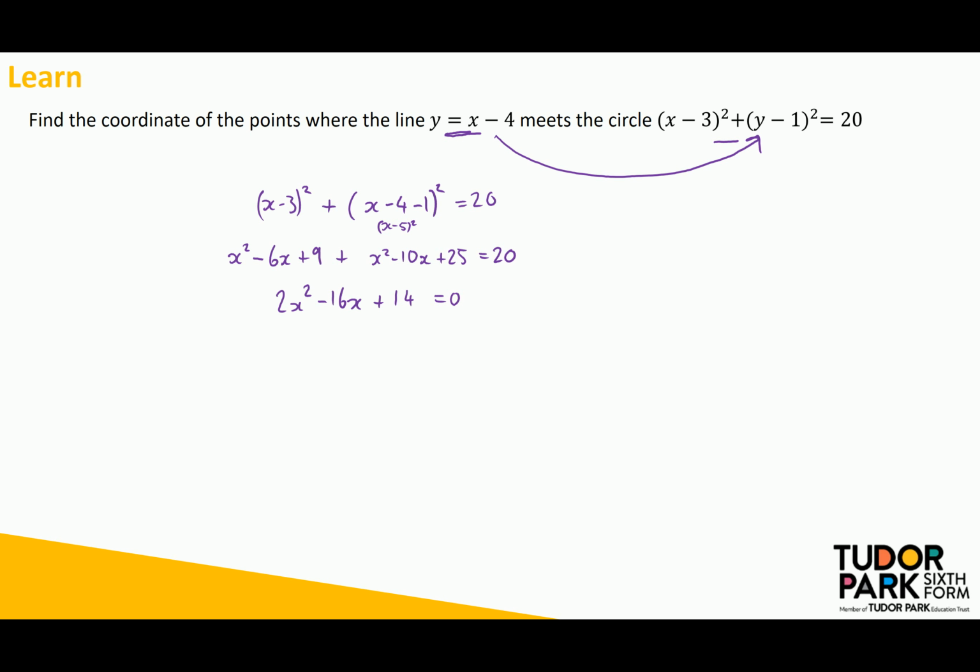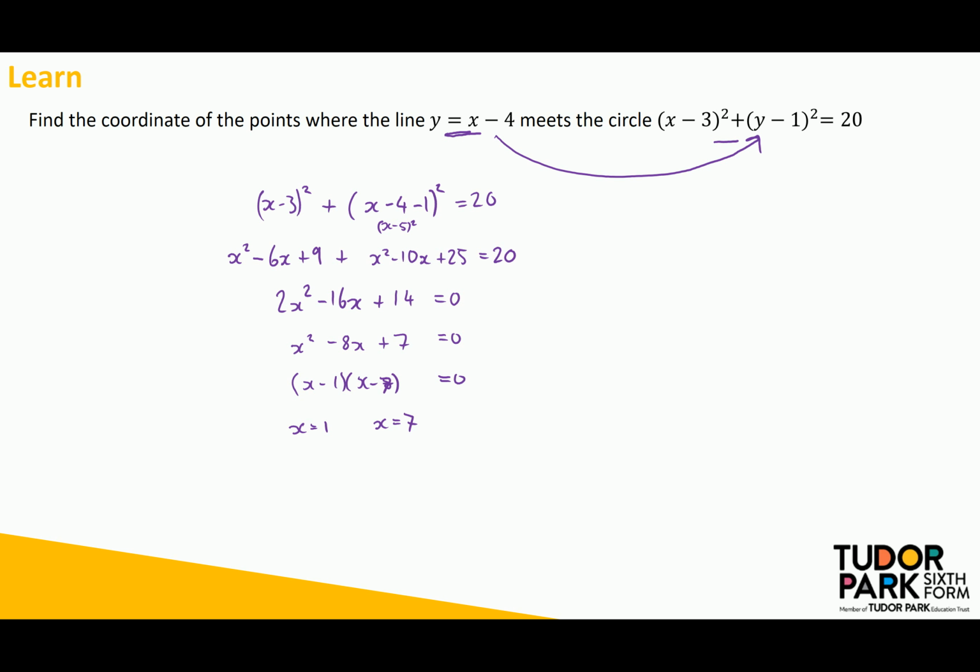I can see here everything can be divided by 2, so this is the same as saying x squared minus 8x plus 7 equals 0, and bingo, I can identify that that factorizes into (x minus 1) and (x minus 7), not 8. So my x values are going to be x equals 1 and x equals 7.